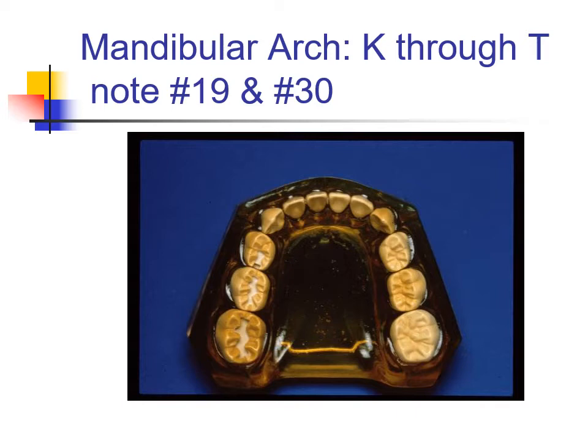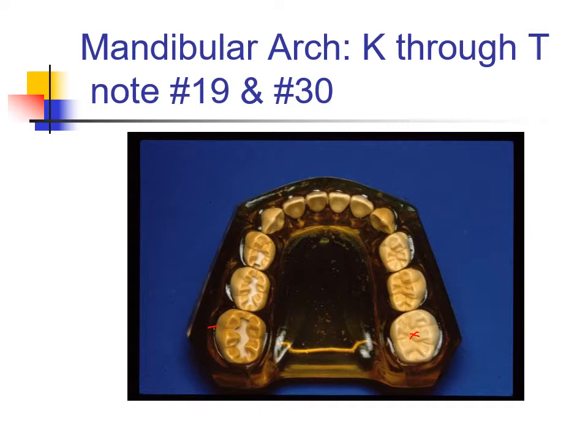So again, in this situation, we are noticing the permanent molars in place. You can see a class 1 preparation for filling material here in the permanent dentition as well as the primary. But we have number 19 and number 30 in place, being the first permanent molars.